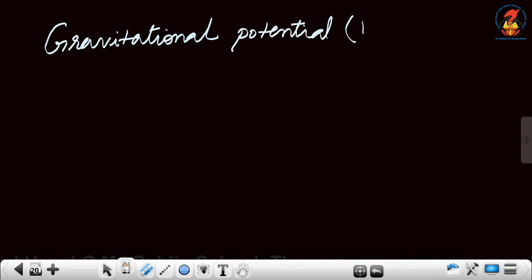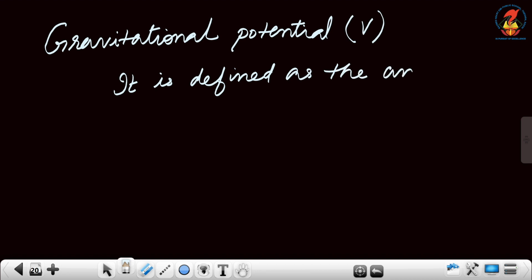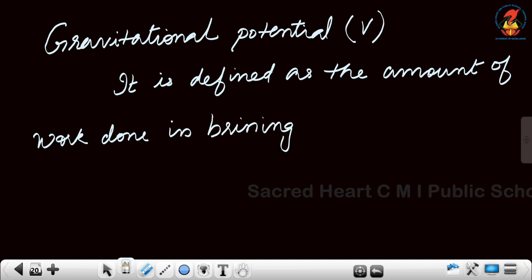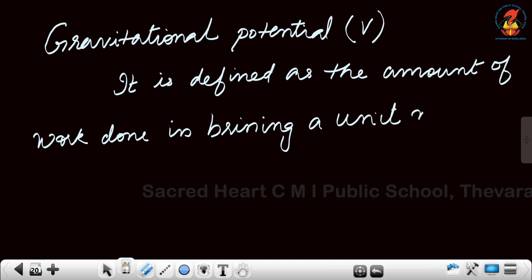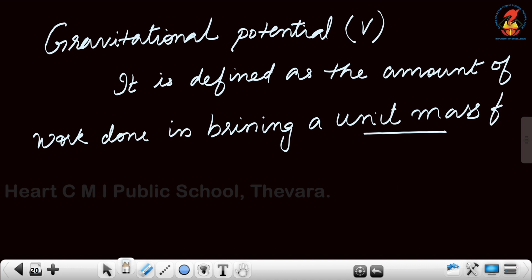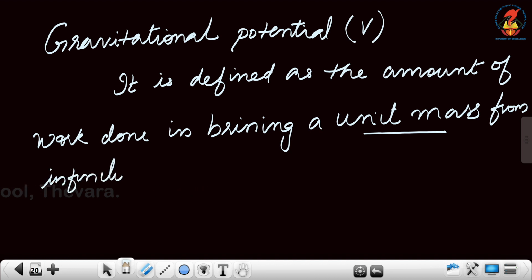It is denoted by the letter V. Now, gravitational potential is defined as the amount of work done in bringing a unit mass, the body having unit mass, that is the difference, in bringing a unit mass from infinity to the point.